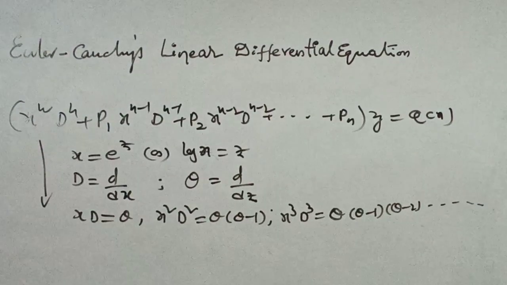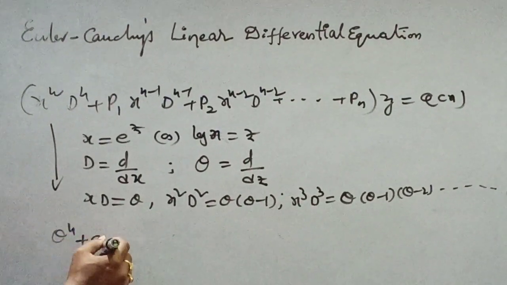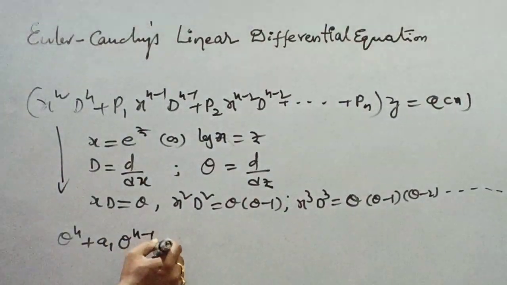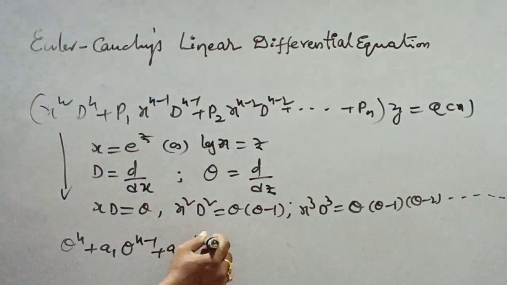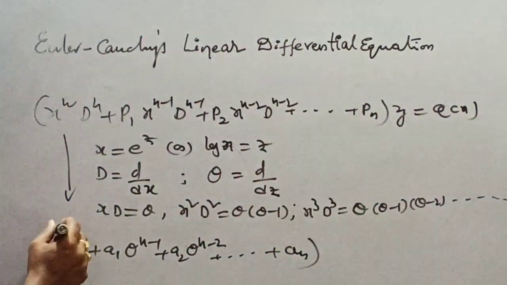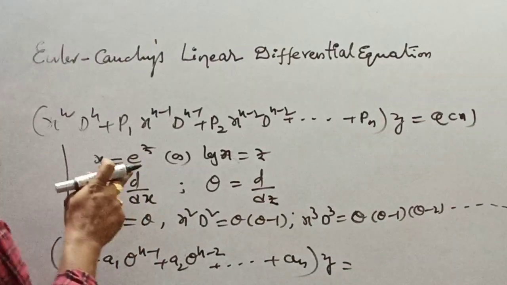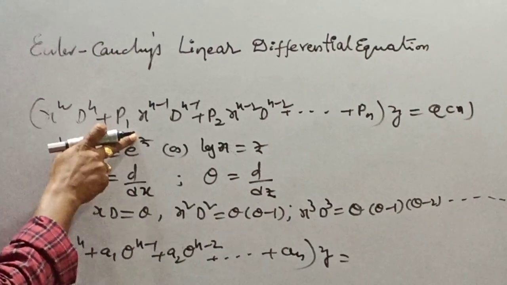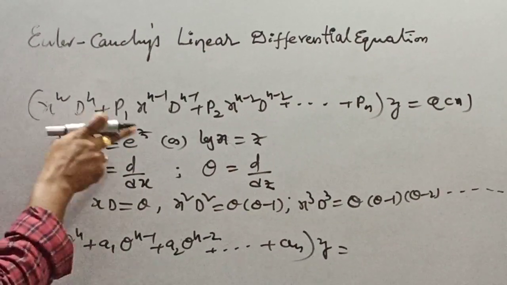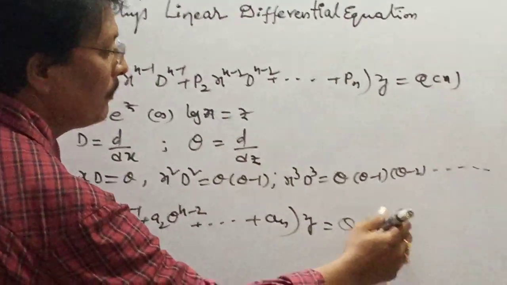So this form reduces to the form theta power n plus a1 theta power n minus 1 plus a2 theta to the power of n minus 2, and so on, an, of y equal to, since x is replaced by e to the power of z, another value q1 of z.